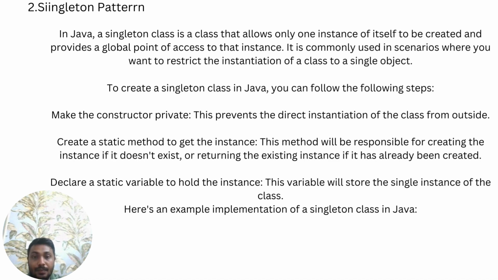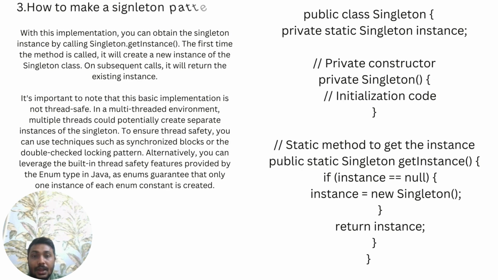So here we are giving one example. In this example, you can see we have created a public class Singleton. Then we define a private instance.